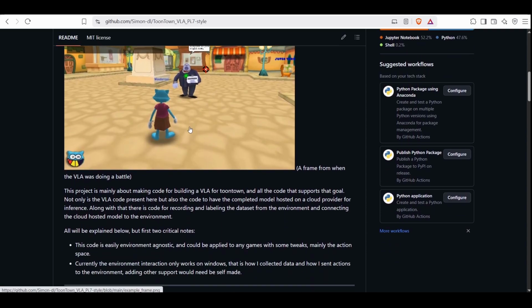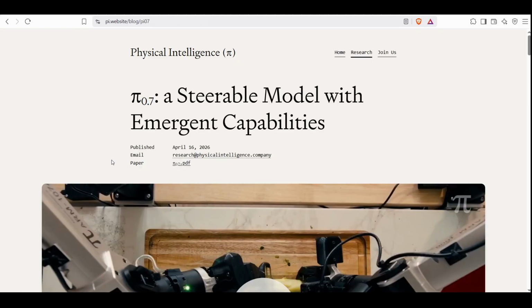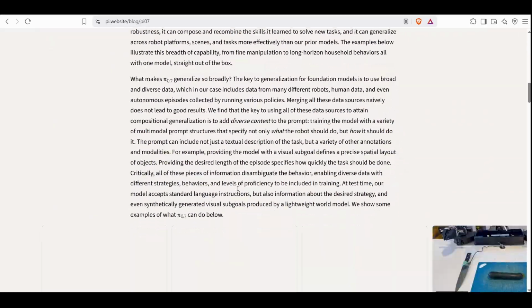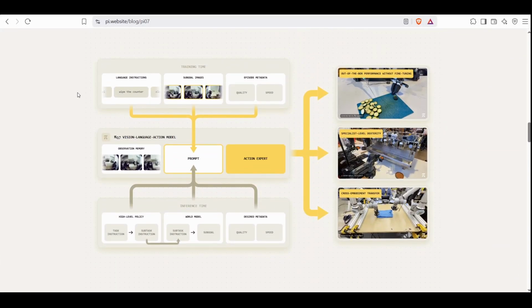I say it's very, very heavily inspired by this model, and that's true. I basically tried to copy everything in this model almost bar for bar, except at a smaller scale, and I did make some modifications that I'll get into in a bit.